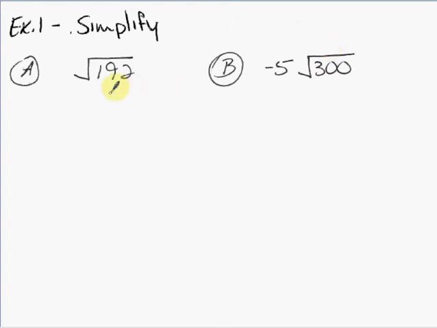We're going to start off with the square root of 192. Here's how I'd simplify this. I'm going to make a factorization tree, and I need two numbers that multiply to give me 192. I'll start with 2 and 96. 2 is prime, so I circle it. For 96, I could have 3 and 32.